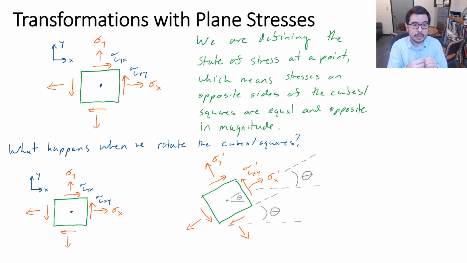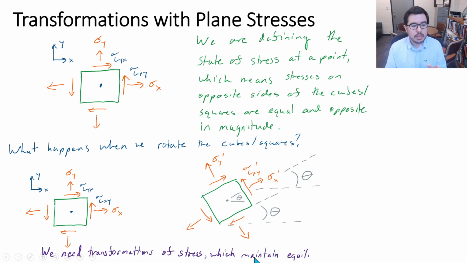Either one is the angle that you use for an opposite or adjacent, and it'll become a little more clear in a second. But what we need for these transformations is to maintain equilibrium. So stepping out, I said a few minutes ago, the reason we care about this is because we want to be able to identify increases in normal stresses or increases in shear stresses as we orient our element.